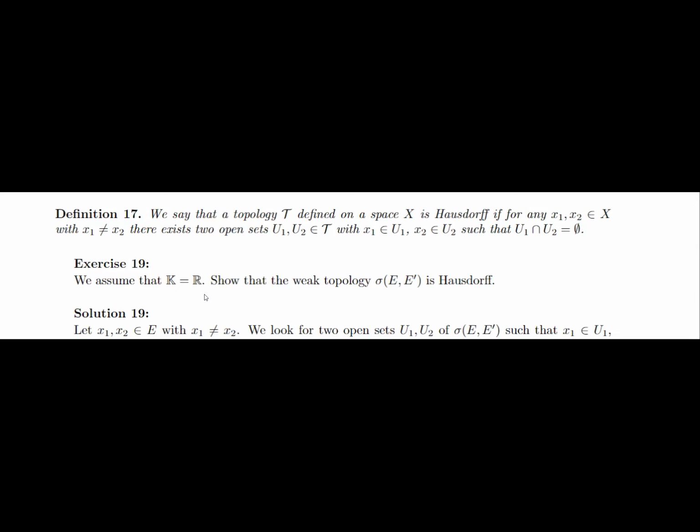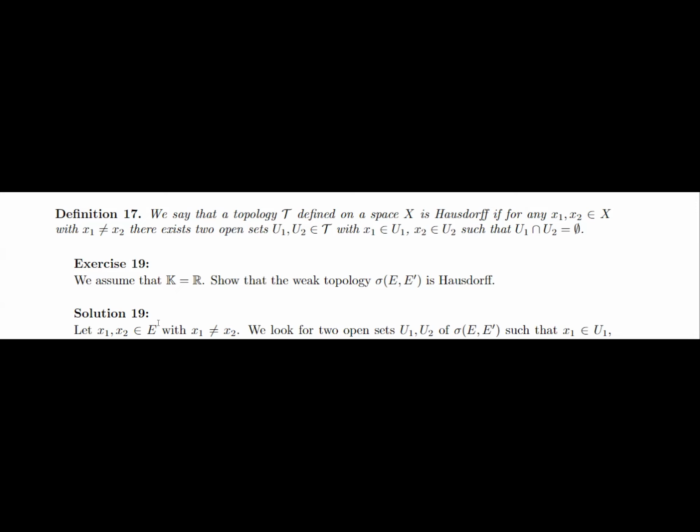To solve this exercise, we are going to use the definition of a Hausdorff space. So pick any x1 and x2 in our Banach space, which I call E, and assume that x1 is different from x2. Now we look for two open sets, U1 and U2, in the weak topology.